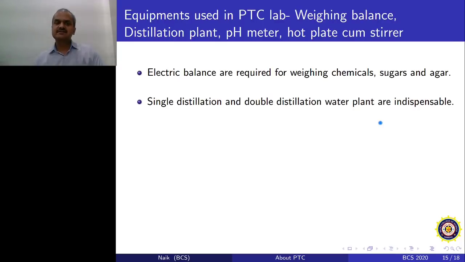Again, you require a single distillation apparatus; a double distillation water plant is also important. But let's say sometimes your distillation apparatus fails or doesn't work. In that case, do you have any choice? Reverse osmosis water, which we call RO water, can also work sometimes, but you have to make sure that when you are preparing your stocks or your media, those salts do not get precipitated.